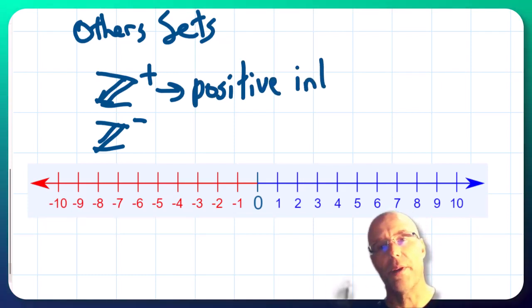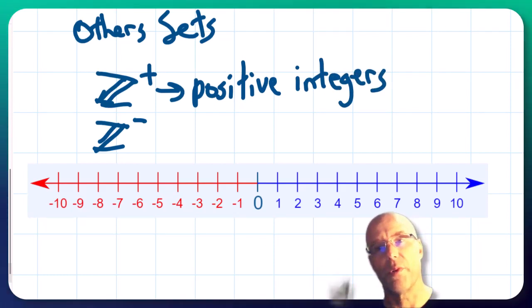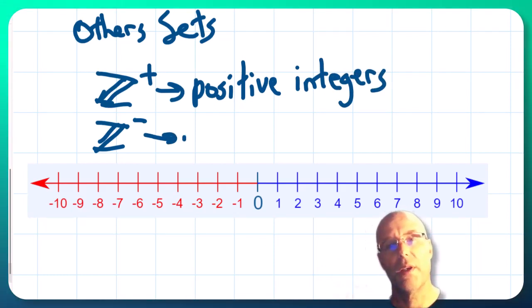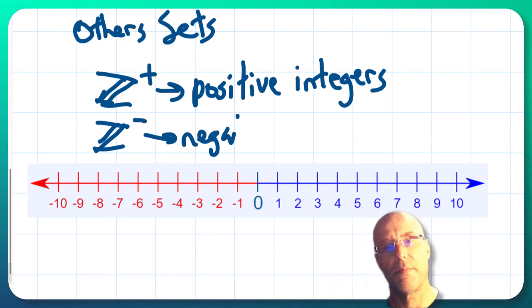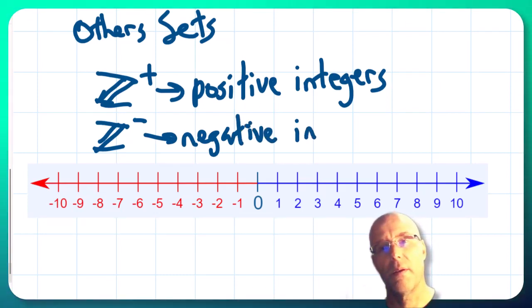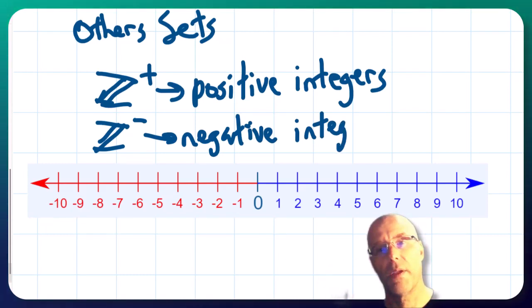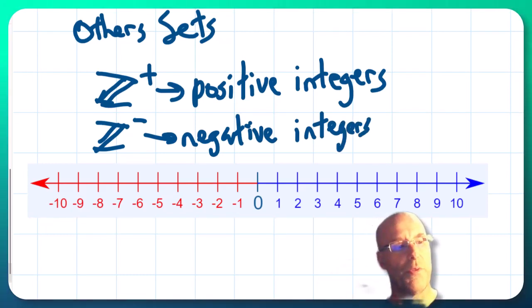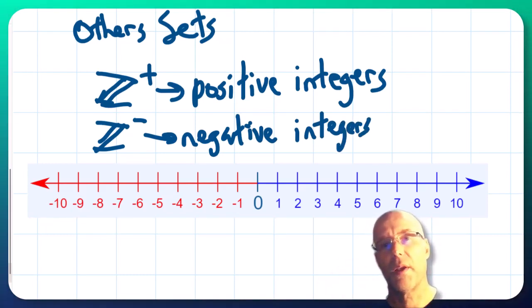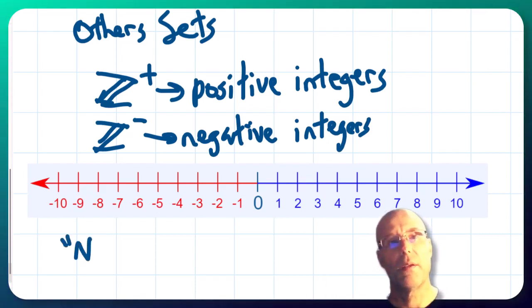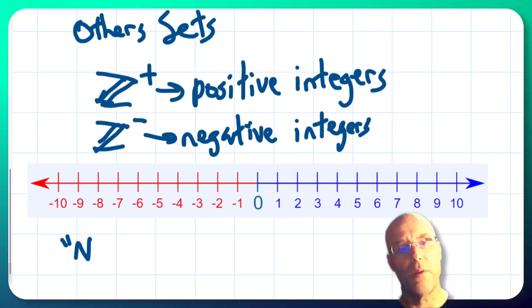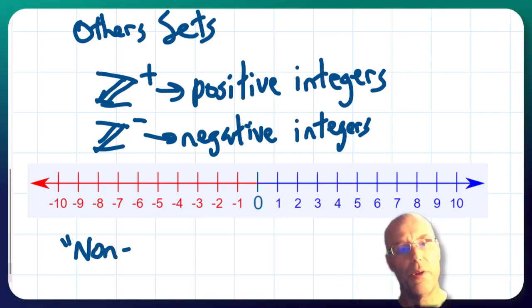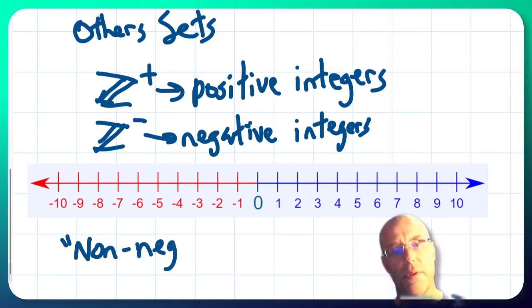You can see the benefits when you're writing this of just using a symbol. This is one of the reasons why we have the symbols. And Z minus is the negative integers. We can see that sometimes with real numbers too: R plus, R minus.